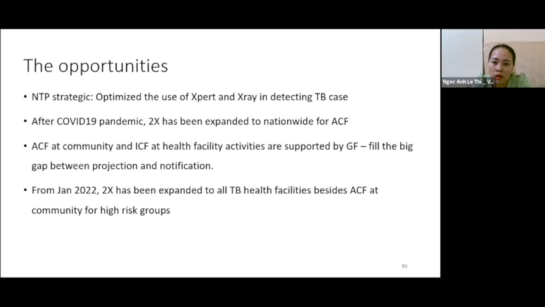And because of the effect of the COVID-19 wave, the leaders of NTP also decided to expand the Double X strategy to all the TB health facilities, beside active case finding at community for high risk groups. Next, please.